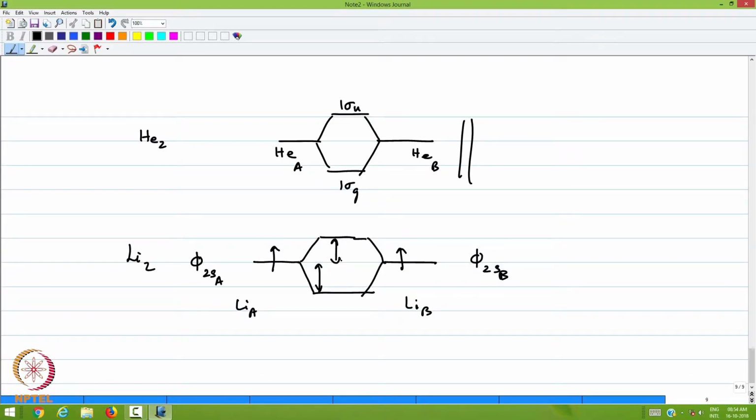This is usually written by the symbol lithium 2, 2 sigma G. This is 2 sigma G and this is 2 sigma U. Okay. Therefore, the configuration for lithium 2 is essentially 1 sigma G2, 1 sigma U2, which is usually written as KK. And if you write this as KK, then this is 2 sigma G2.